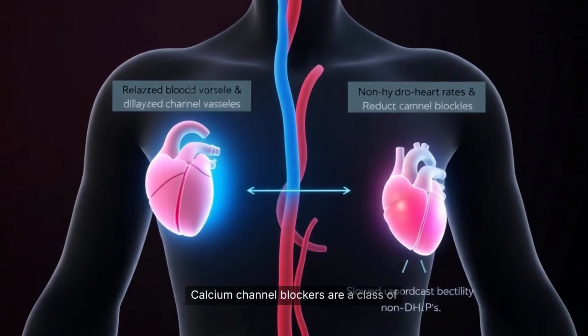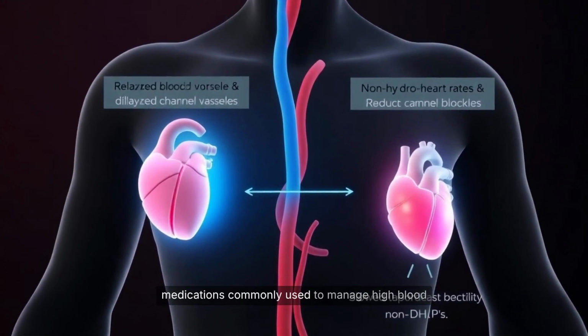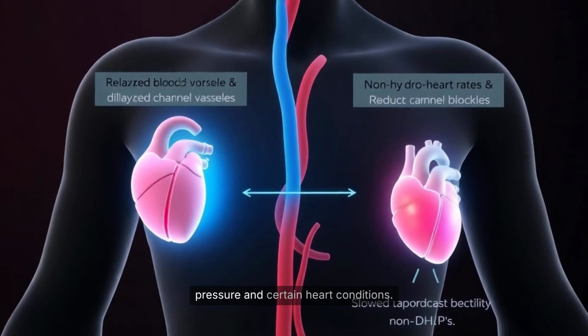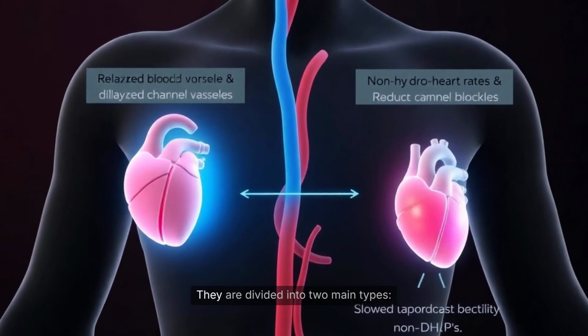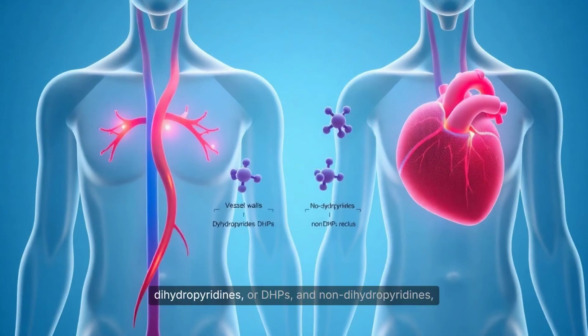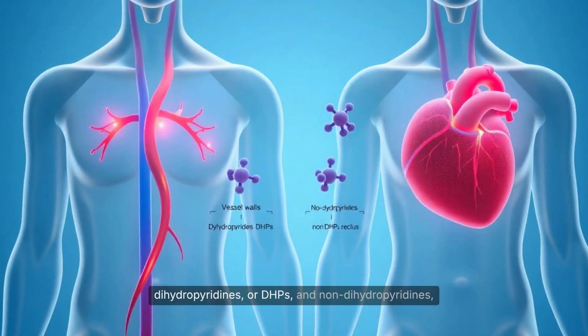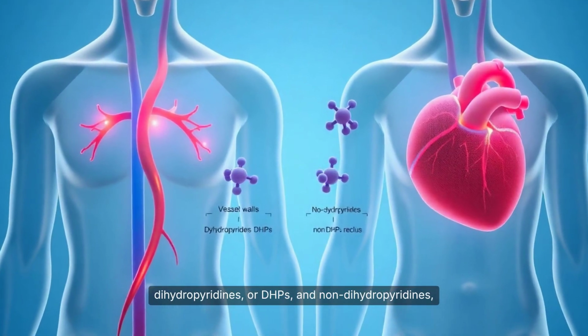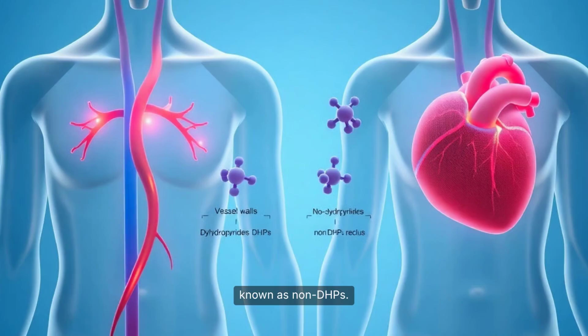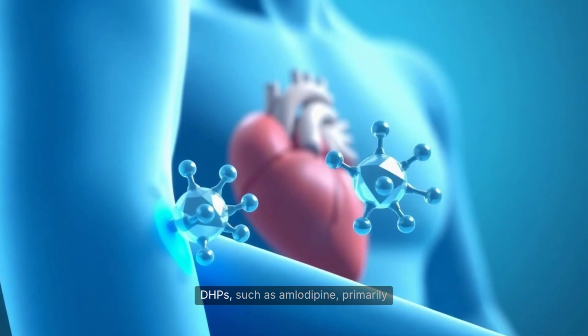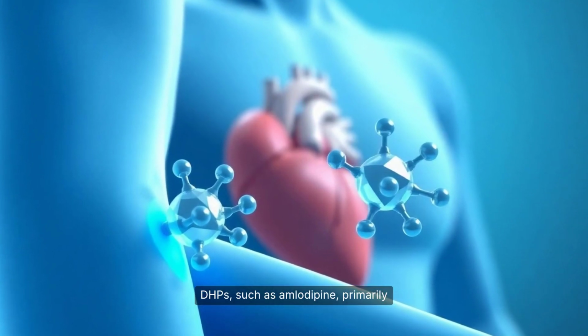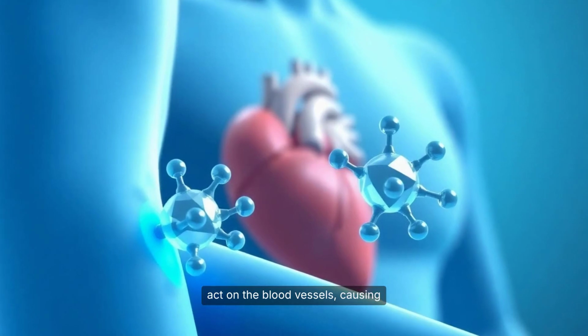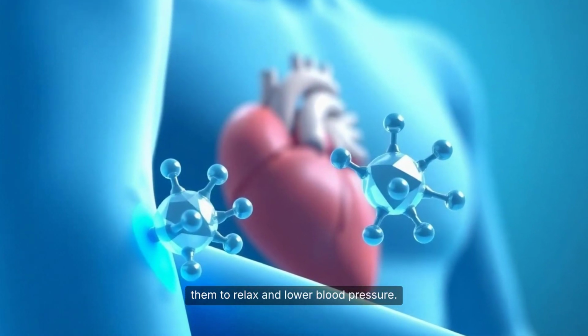Calcium channel blockers are a class of medications commonly used to manage high blood pressure and certain heart conditions. They are divided into two main types: dihydropyridines, or DHPs, and non-dihydropyridines, known as non-DHPs. DHPs, such as amlodipine, primarily act on the blood vessels, causing them to relax and lower blood pressure.